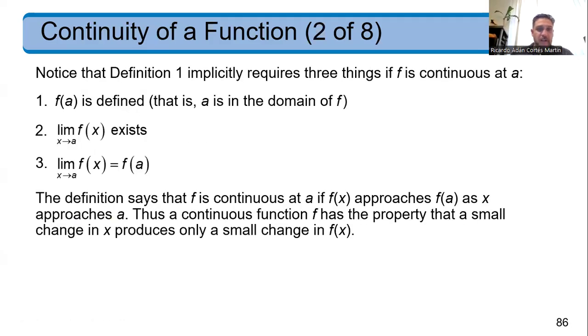Okay. So f of a is defined. Okay, there is no gap, there is no strange thing, no asymptote, nothing. The limit has to exist. And then the limit and the value of the function have to be the same. Okay.